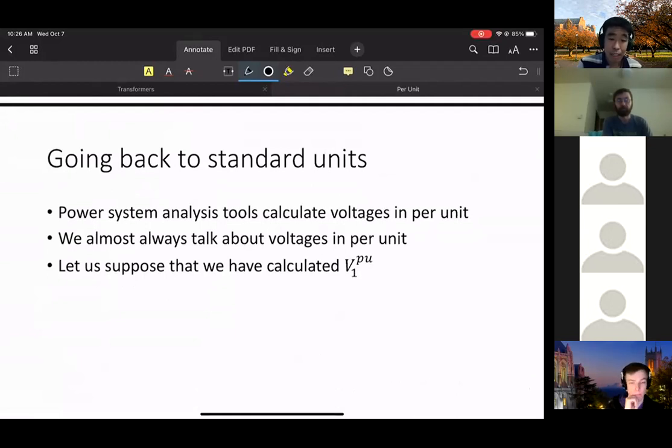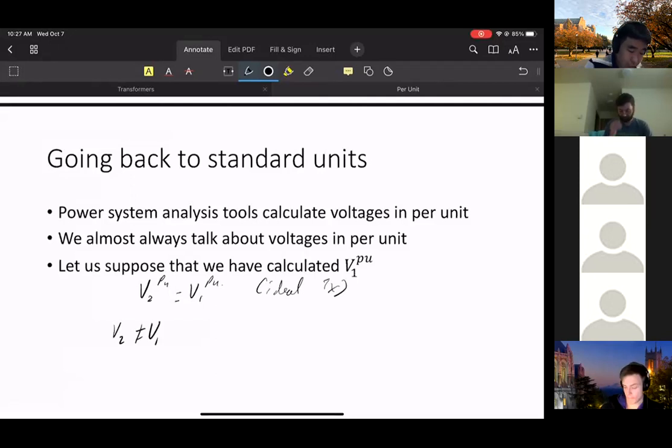We never talk about SI units, because we compute the per unit for the primary, and we know what it is for the secondary for an ideal transformer. Of course, V2 is not equal to V1 in SI terms, but in per unit terms, they're equal. So that makes life very easy for us.